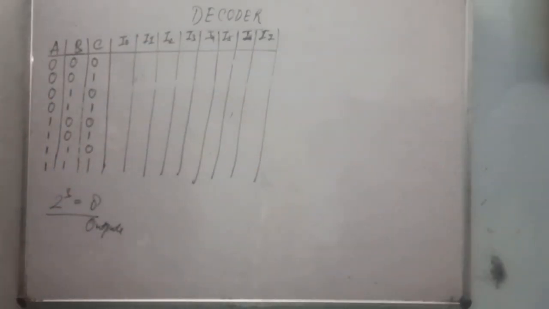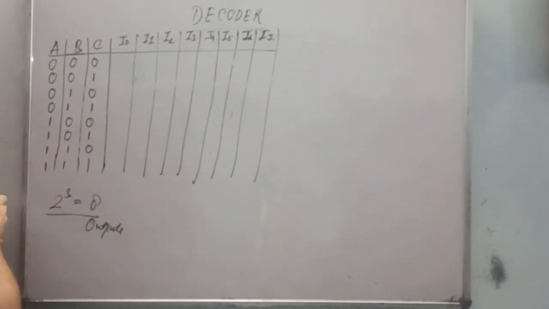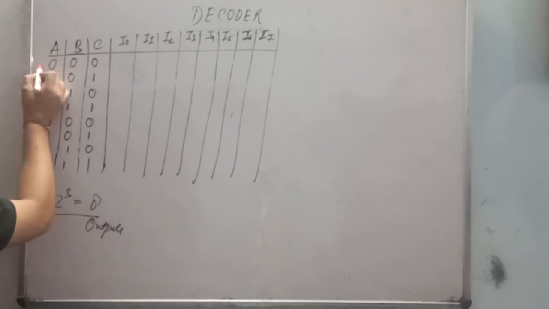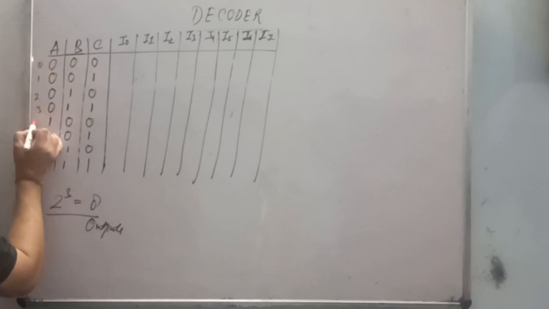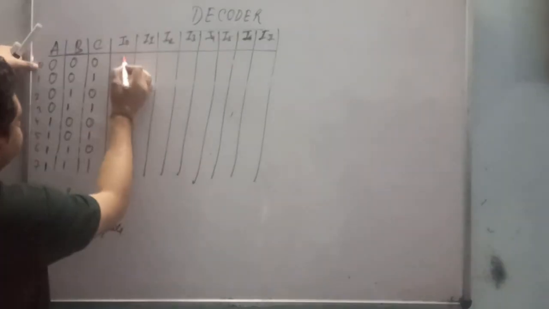Understand? Just a moment. So these are the inputs and these are the corresponding outputs. Okay. Now you know that for a particular input, one output will be activated. So I am just taking the serial number 0, 1, 2, 3, 4, 5, 6 and 7. So here 0. 0 means I0 will be activated.